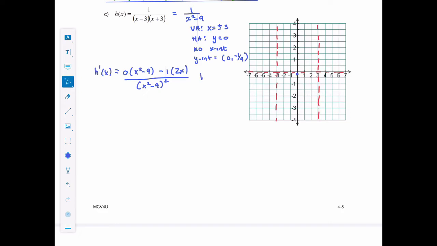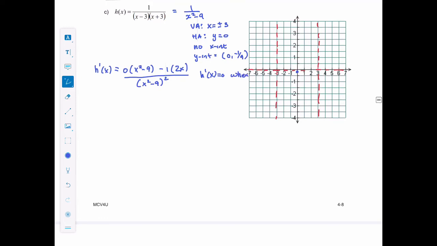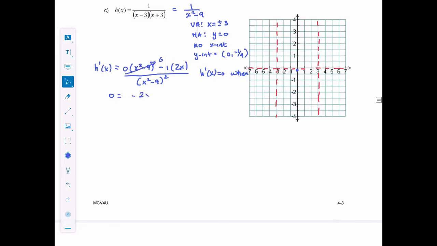We know that h prime of x is equal to 0 when this all simplifies, right? That goes to 0, so we're left with negative 2x over x squared minus 9, all squared.